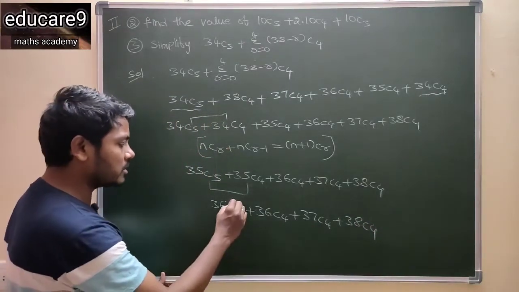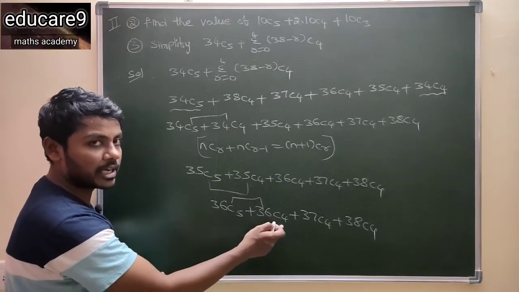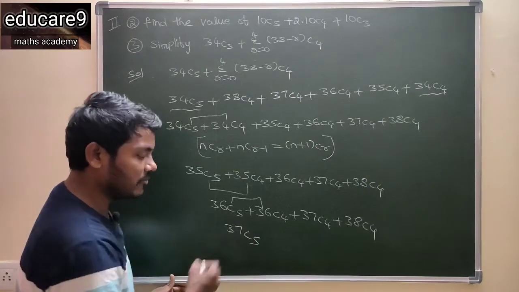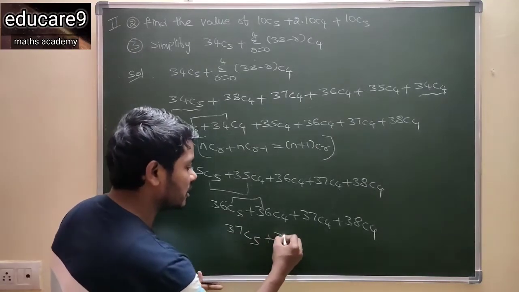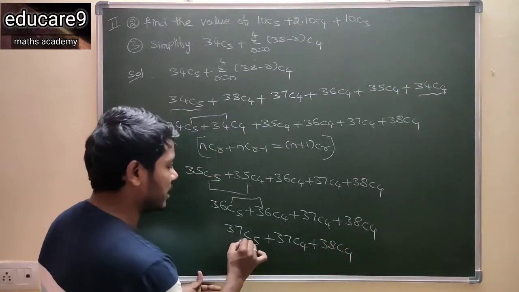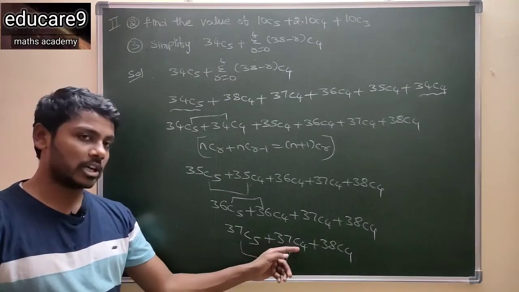Again we have to apply the same formula for the first two terms. You will get nCr plus nC(r minus 1), (n plus 1)Cr, that is 37C5 plus 37C4 plus 38C4. Again we have to apply the formula for these, nCr plus nC(r minus 1).